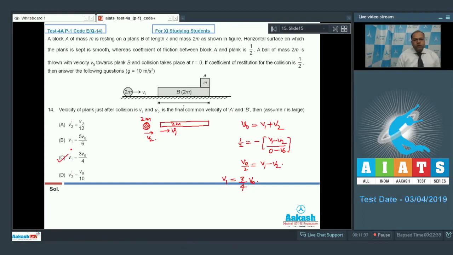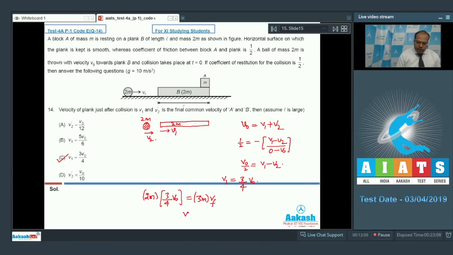Now I have to find out what is the value of v2 dash. So v2 dash is the final common velocity of A and B. So after the collision, we can consider A and B as a system, as the friction force is internal force of the system between them. So I can write 2m into v1, that is 3 by 4 into v naught, is equal to total mass of system, that is 3m into v final or v common.